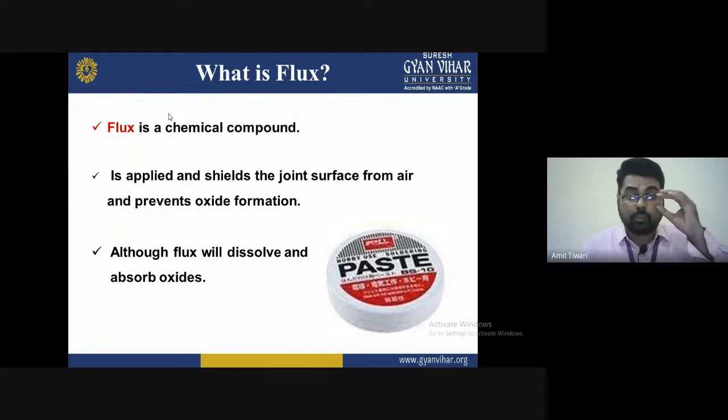So flux is a chemical compound, and this flux is applied to maintain the coating or shielding of the iron tip, because we are preventing oxide formation. Because flux will dissolve and absorb the oxidizing agents, which are responsible for reducing the quality of the work, the quality of the soldering, and the iron tip.